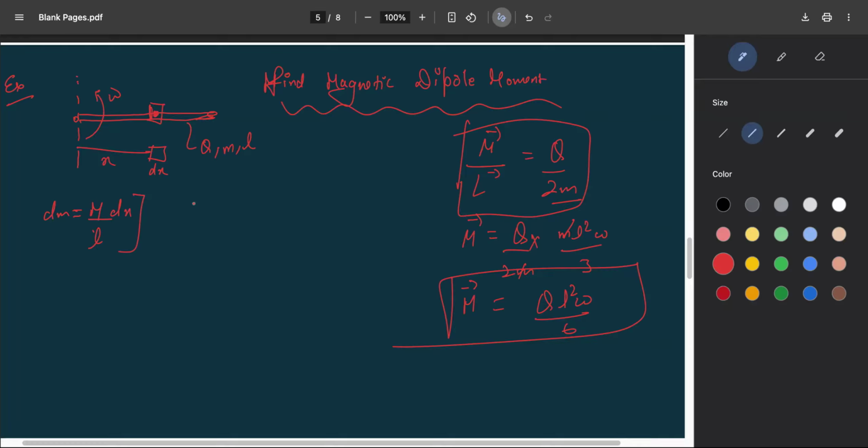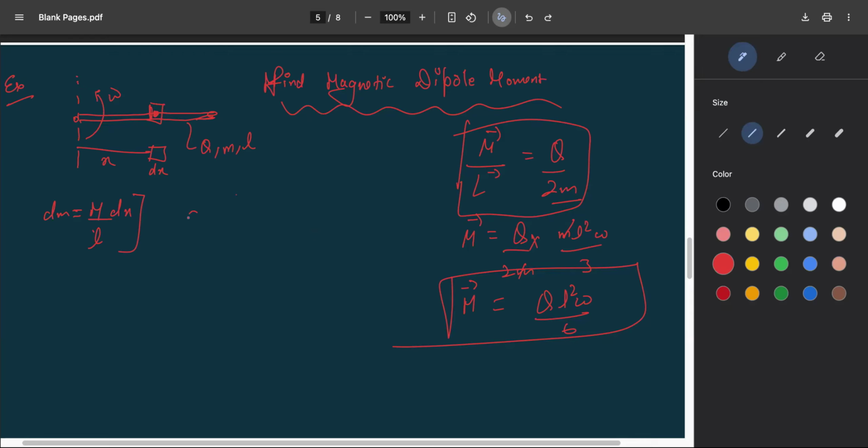So if I ask you the magnetic moment due to this single electron part, whatever the current it is creating, whatever the area it is taking, something like pi x square. This is the area it is making, right? Because it is at some distance x, it can only make a circle of pi x square.